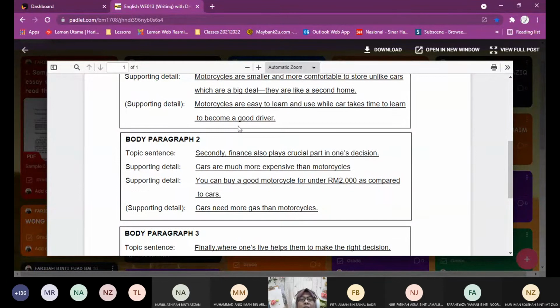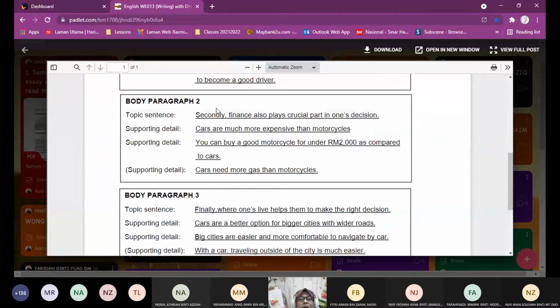Alright, so the second body paragraph is the second main point. Next, secondly, or you just start: finance also plays a part. Finance, income, economy, money. And then here is the argument in terms of the price of a car. A car is more expensive than a motorcycle. Then how? What is the evidence?